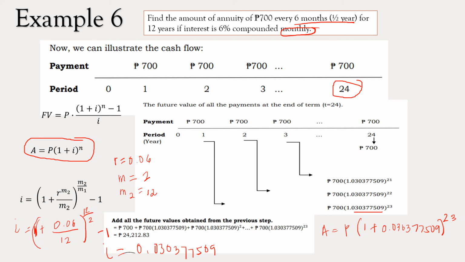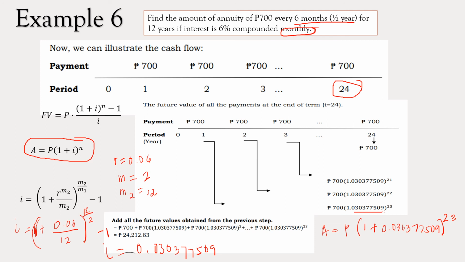Second year, 22. Kasi 23 minus second year na siya, 22. And then on the third year, raised to 21 na siya. So, kukuhanin mo isa-isa kung anong value niyan. Ang value ng ika-24th term ay 700 plus ito yung ika-22nd term.